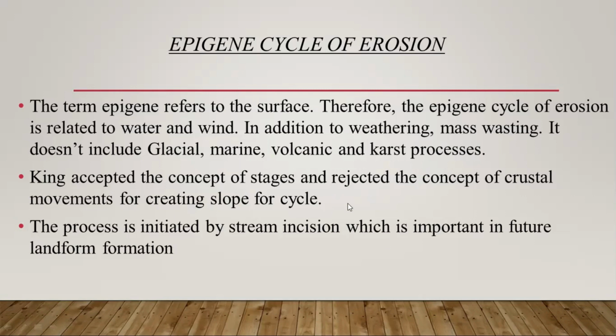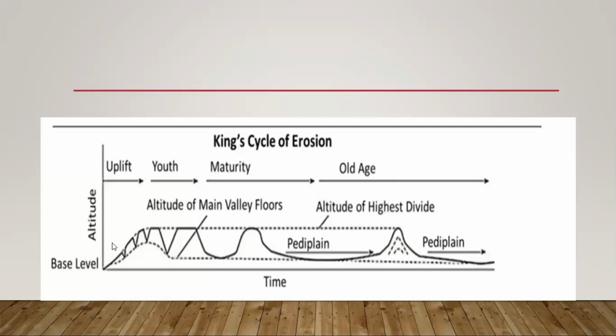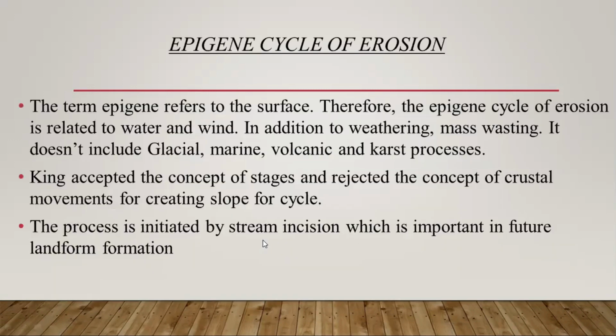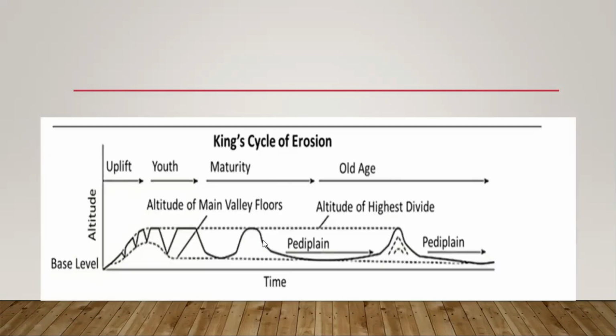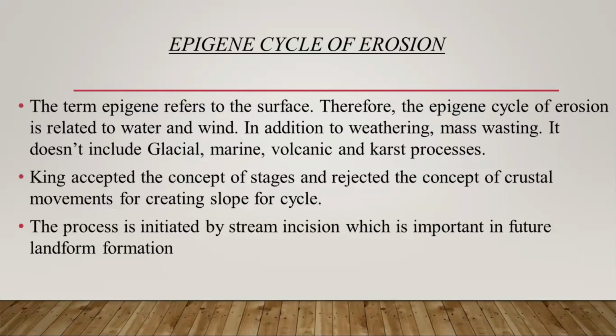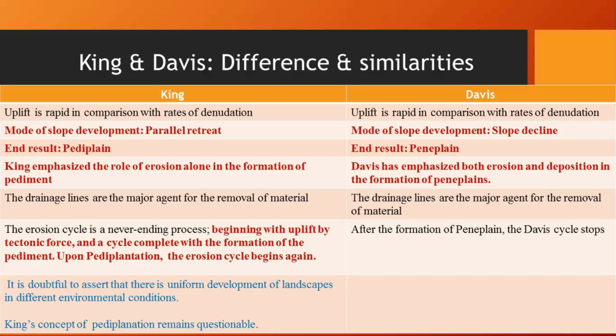And the entire process is initiated by what? By stream incision. This is owing to stream incision, and this retreat is also because of the stream. So stream incision is very important for this epigene cycle of erosion.